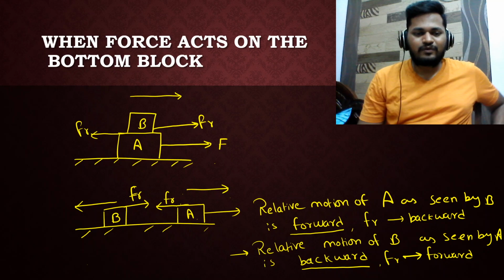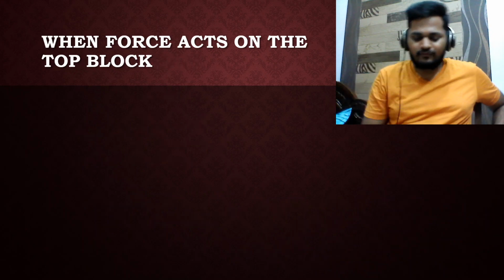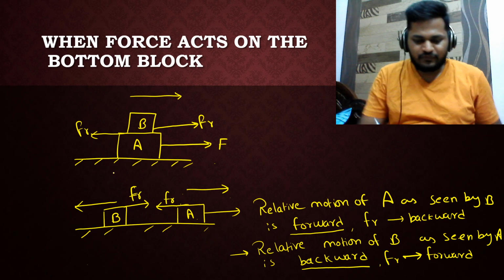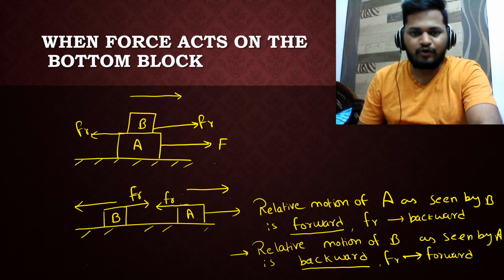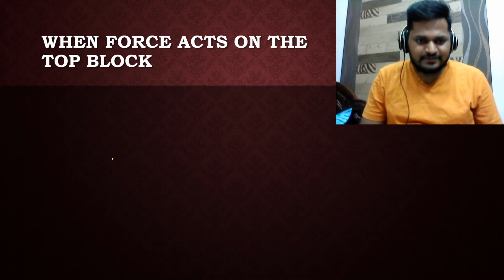Let us use the same on the next example. When force acts on the top block, so in this case force was acting on the bottom block. So let us do this. So this is the surface.